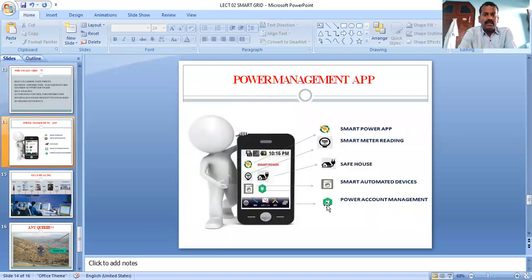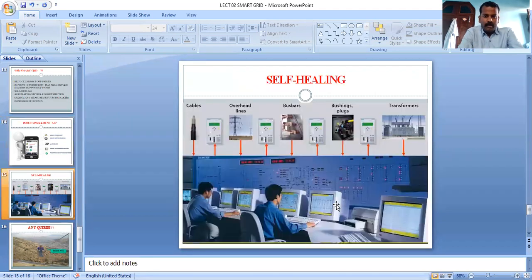This is a power management app. And this is a power station, where this sensor senses the cable condition. This sensor gives details about the overhead lines, and this gives the bus bar condition.